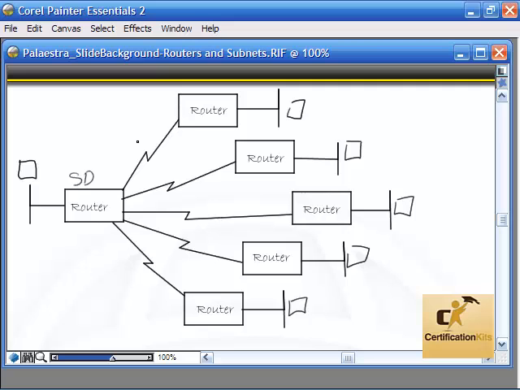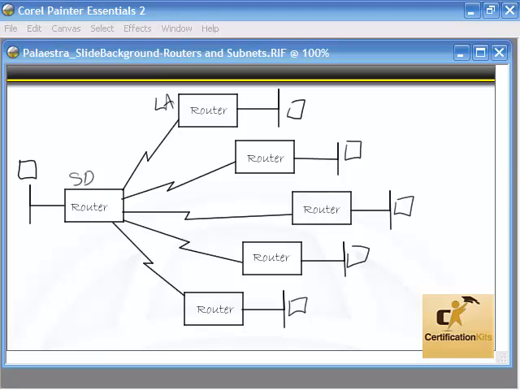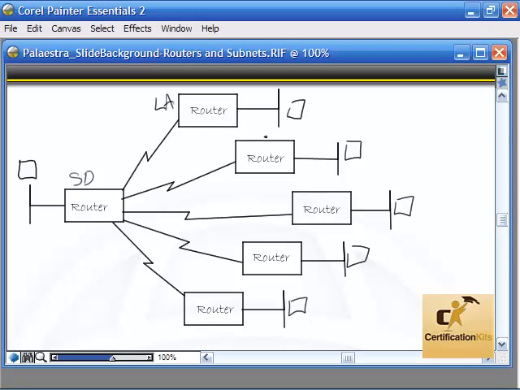This might be in San Diego, LA, Las Vegas, St. Louis. So we have some routers, and again, they might be in completely different areas. These are separated by WAN links.